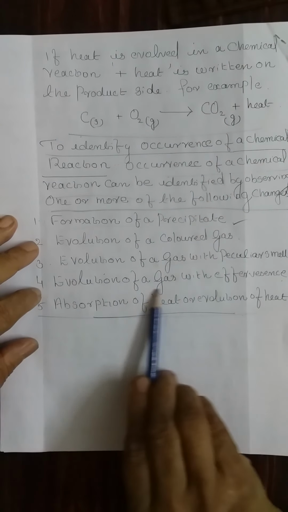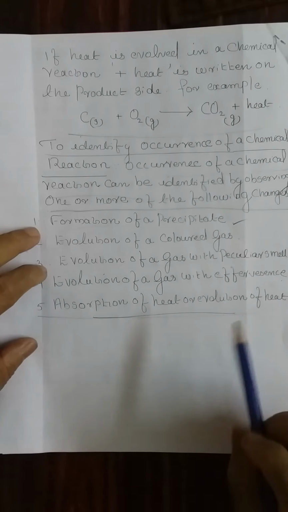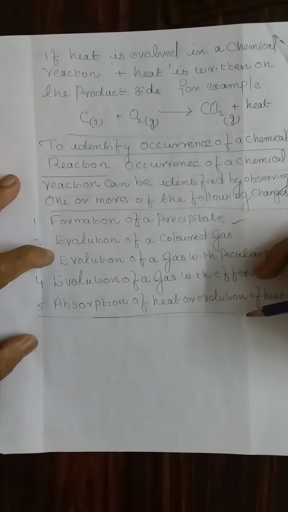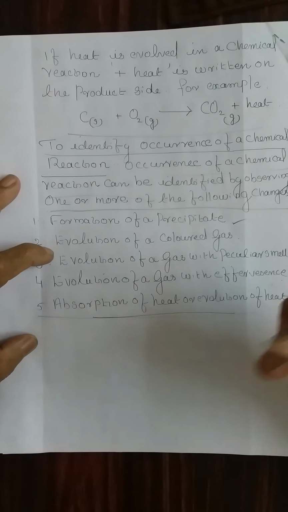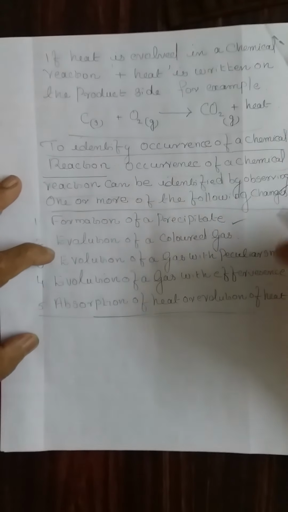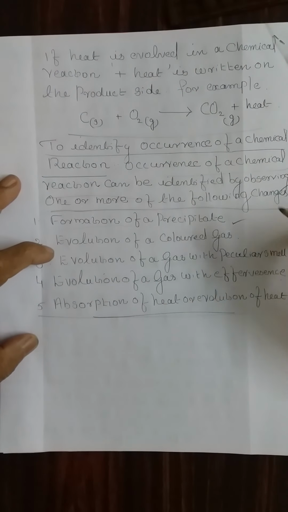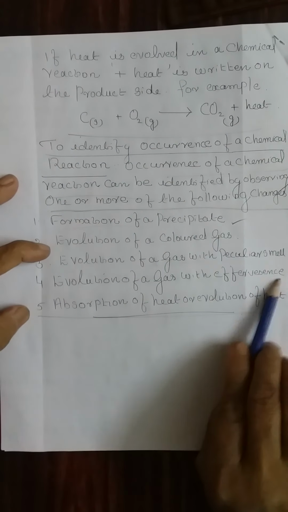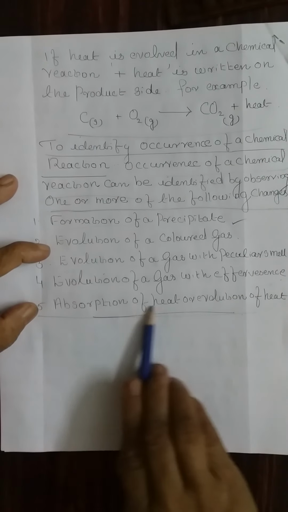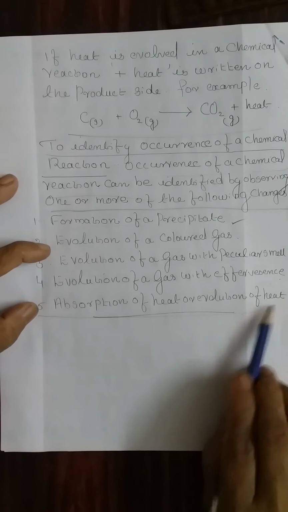Fourth, evolution of a gas with effervescence. You already saw this: when vinegar is added to baking soda, you saw the effervescence coming out. That means bubbles are coming out and trying to overflow the test tube. That is called effervescence. Five, absorption of heat or evolution of heat.